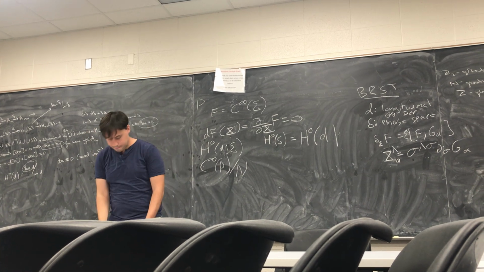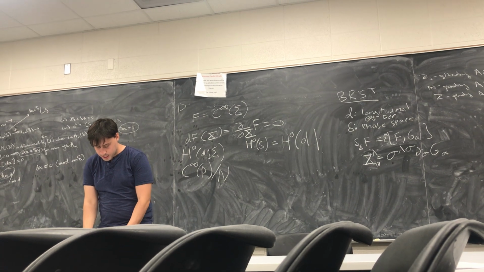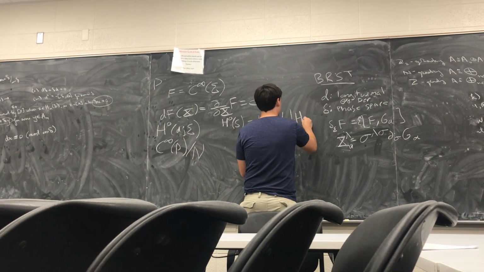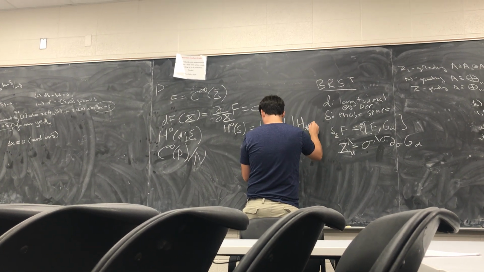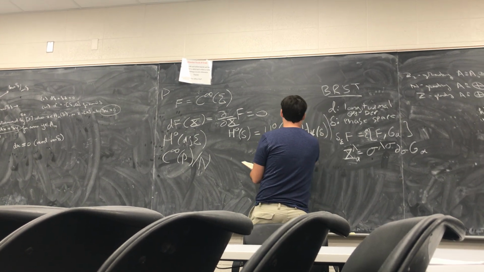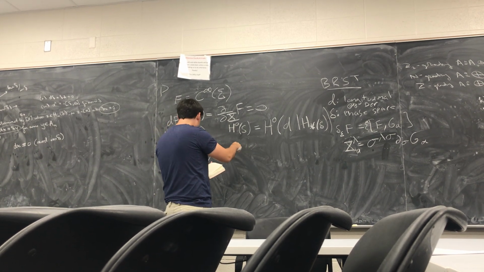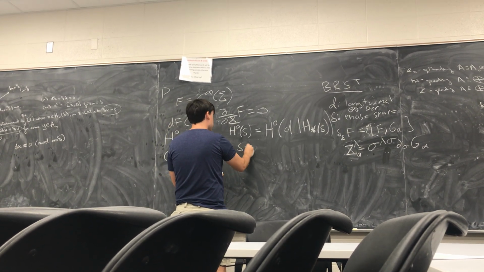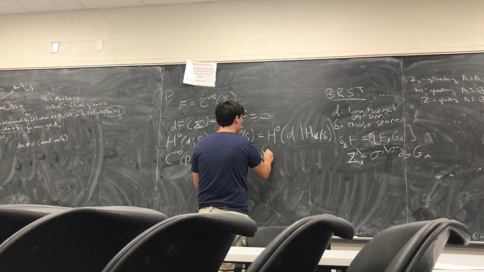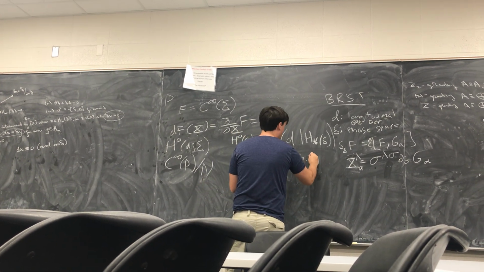And this is a specific property of the BRST theory. What he says is that this means we create some operator. This is our BRST operator, and it ends up being delta plus D plus, this is what he writes, higher orders.